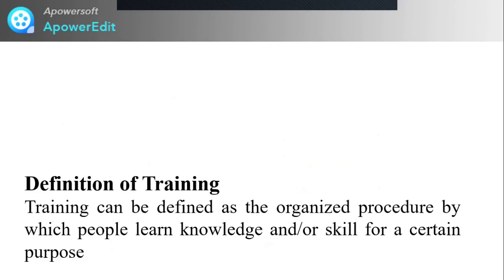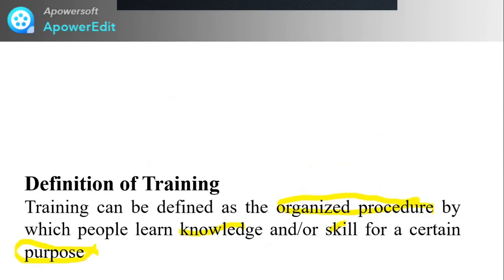The second definition for training: training can be defined as an organized procedure, a systematic approach by which people learn knowledge or skill for a certain purpose. For example, assume my communication skill is not enough to do my job.